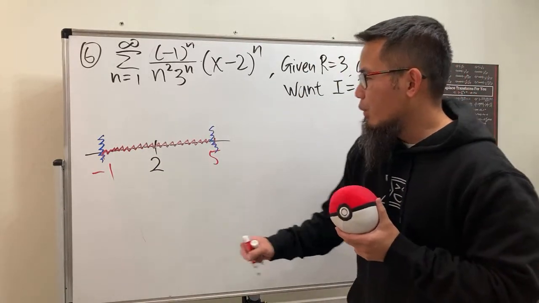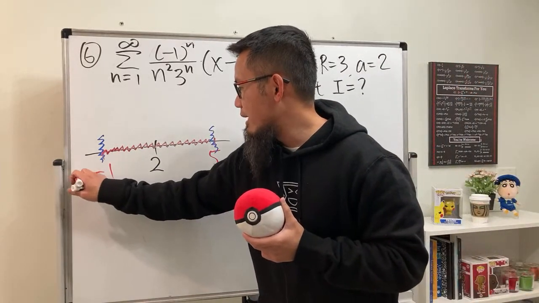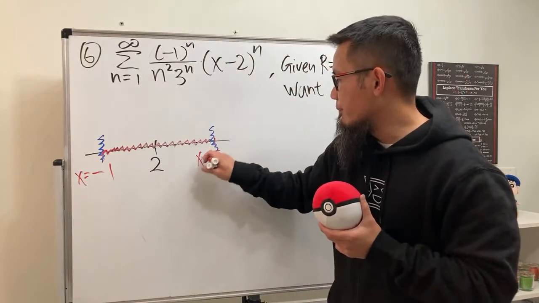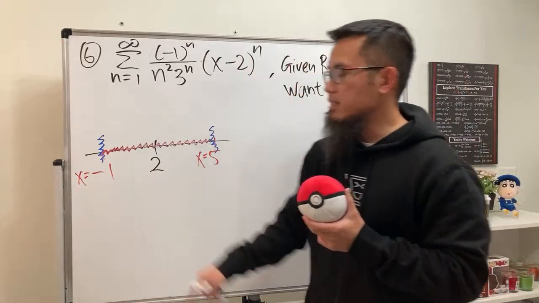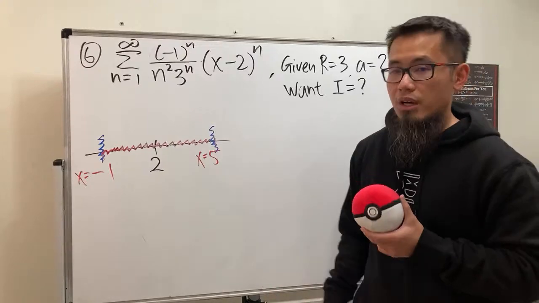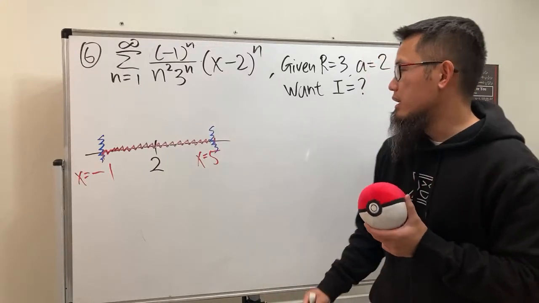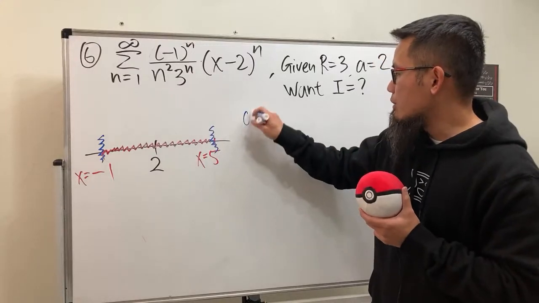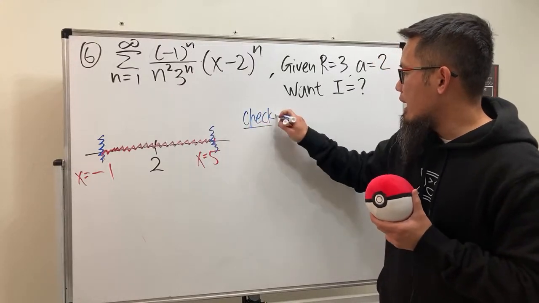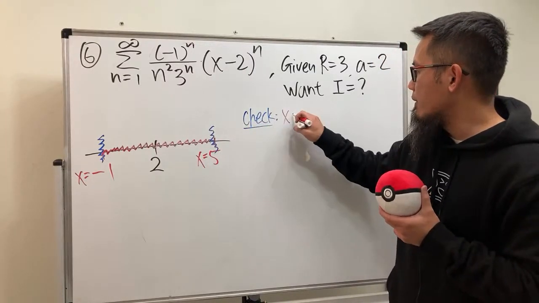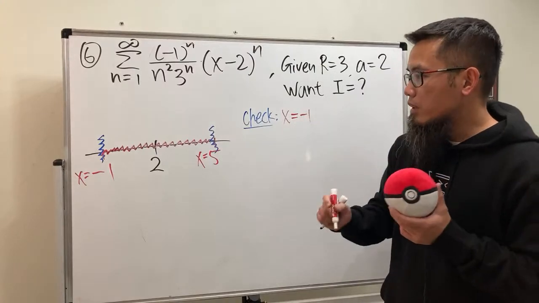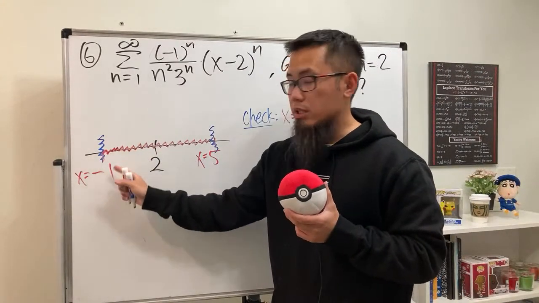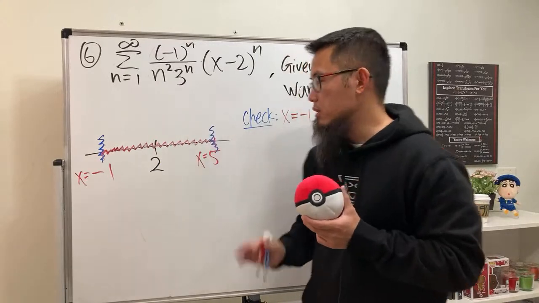Remember, these are the x values. We just have to check when x is equal to -1, plug it in and see if that series converges or not. We still have to figure out whether we use a bracket or parentheses.